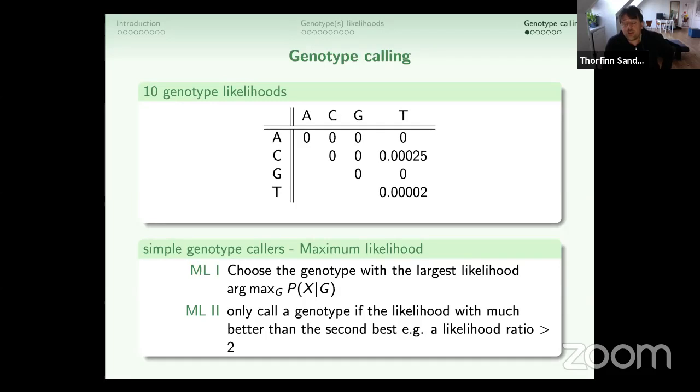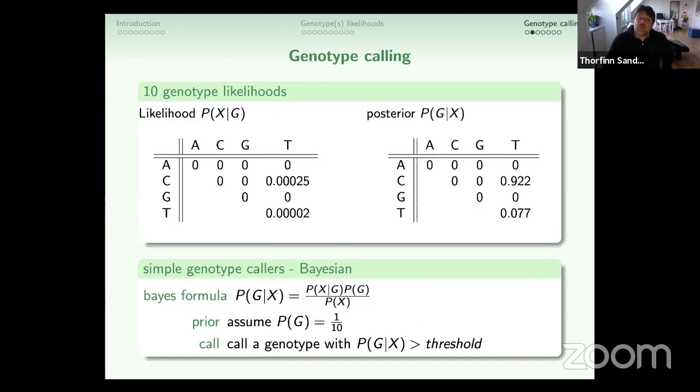This is another effect you have when working with low coverage data: you cannot call genotypes reliably, so you will start to introduce missingness into your data. If you want to only call genotypes with very high accuracy, then you won't be able to call so many genotypes. Okay, so this is the most basic maximum likelihood estimator. Another approach would be in a more Bayesian context.